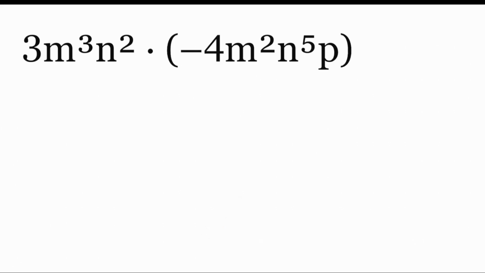So now that we know we're dealing with multiplication, let's multiply one thing at a time. Let's first worry about the signs. Then we can worry about the numbers, the coefficients here in the front. Then each individual letter, like multiplying the m's, multiplying the n's as in Nancy, and then bringing that p there at the end. Again, one step at a time.